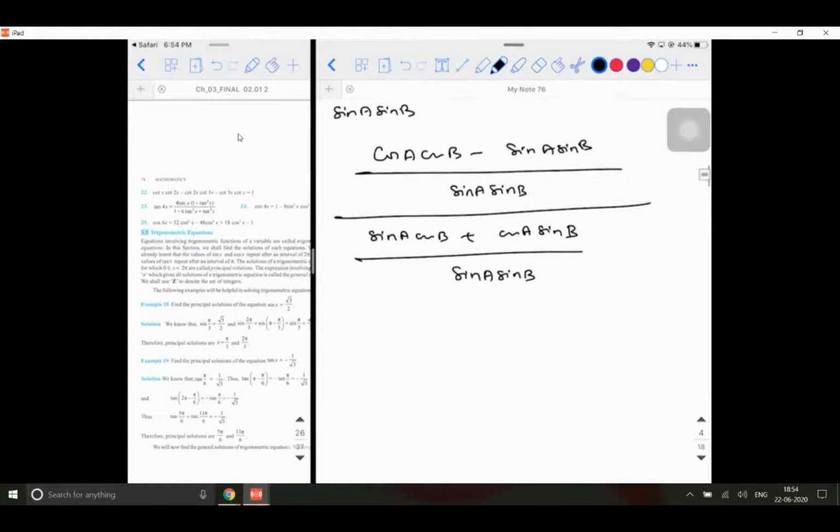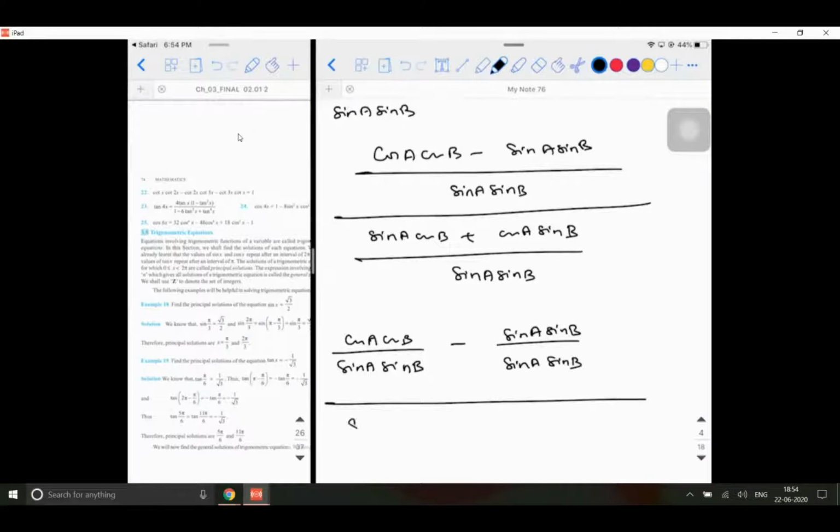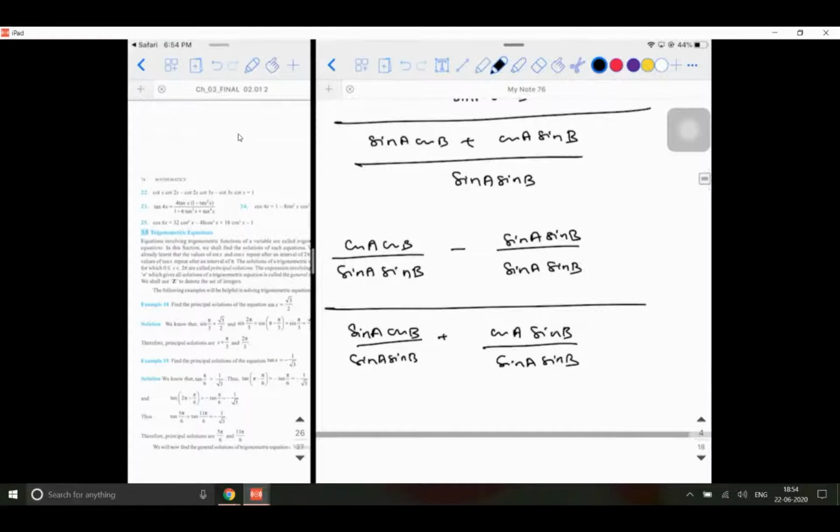Right? Now you can write this as cos A cos B divided by sin A sin B minus sin A sin B divided by sin A sin B, the whole divided by sin A cos B by sin A sin B plus cos A sin B divided by sin A sin B. So what will get cancelled?